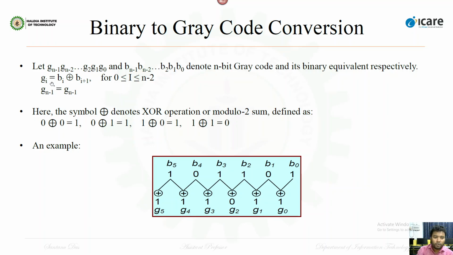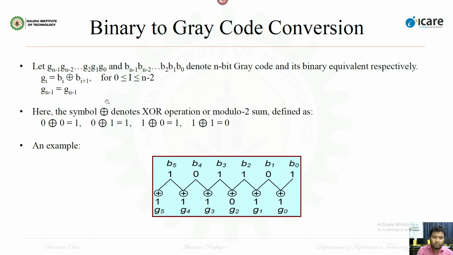Here, the gray code bit i, that is g of i, we will get when we perform the XOR operation with b i and b i plus 1.